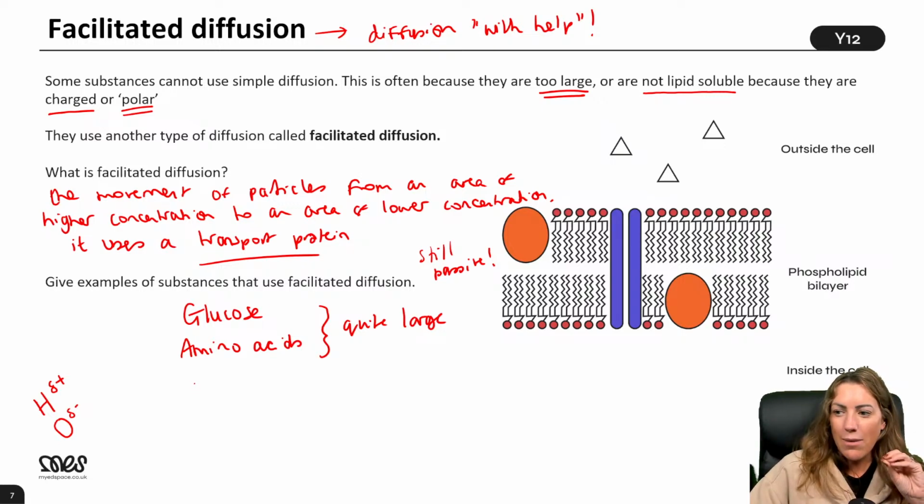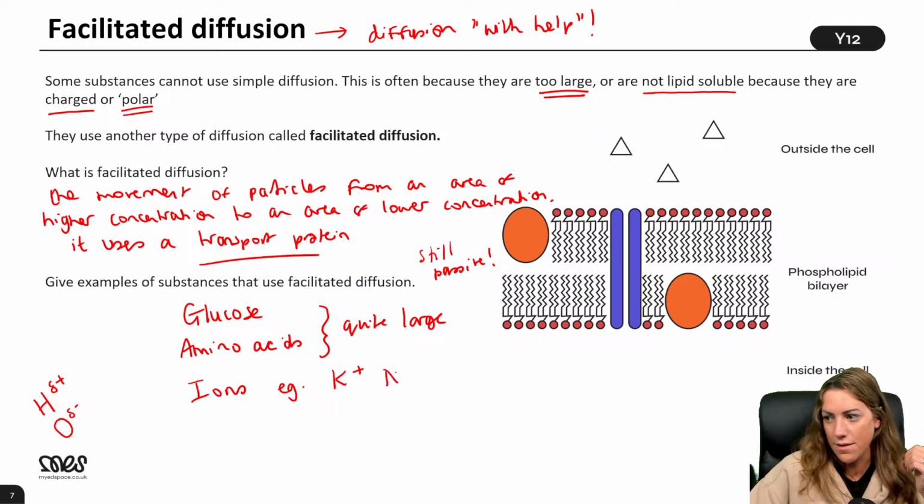So glucose and amino acids, ions, e.g., potassium ions, sodium ions. What other ions do we do? Calcium ions, is that Ca2 plus? Any kind of charged ion.